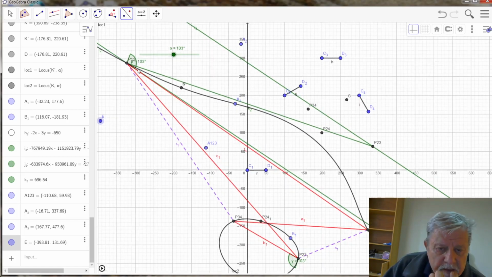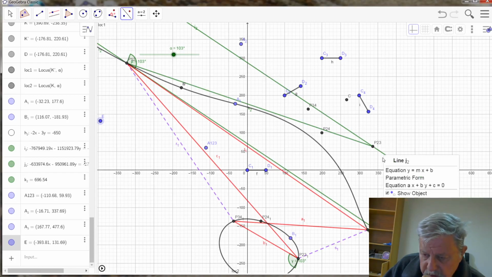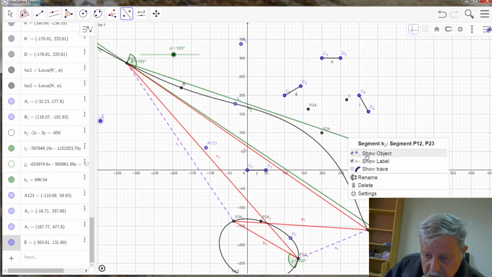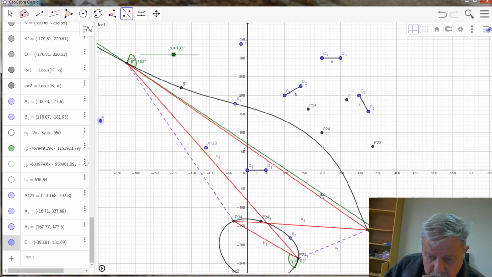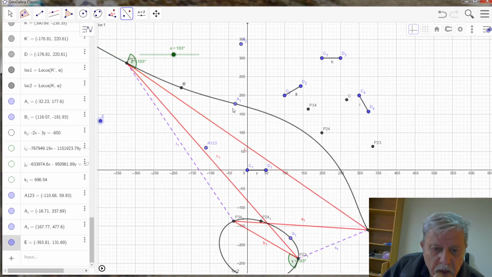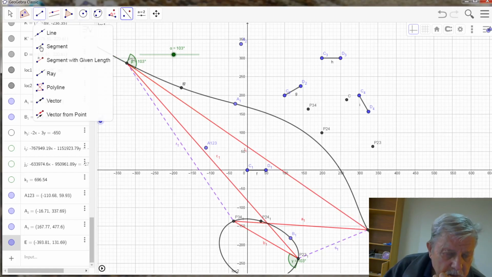Let me do that. Well, I'll hide these because this pole triangle I will hide to show the fourth point. Now I will use the pole triangle, which I have done before.